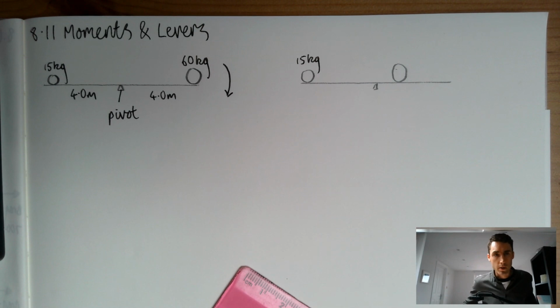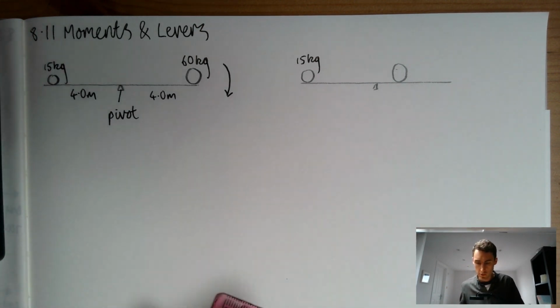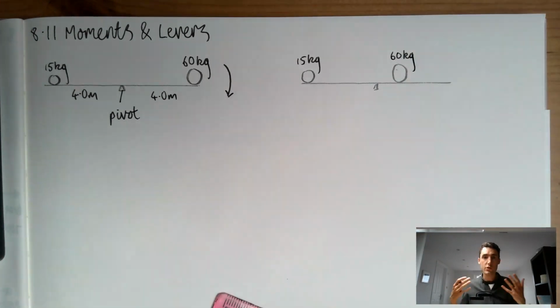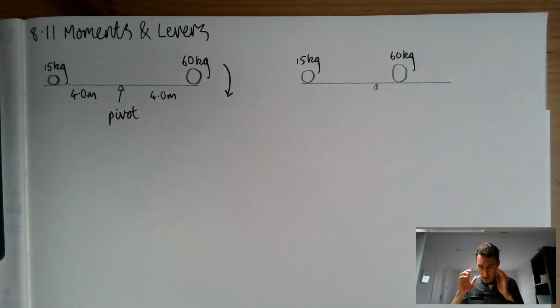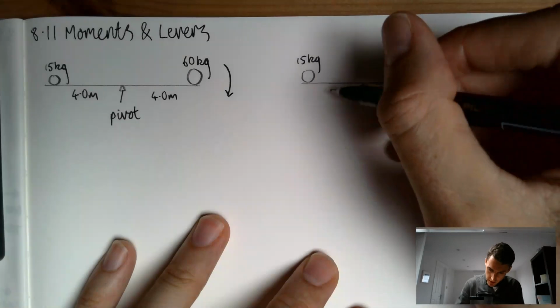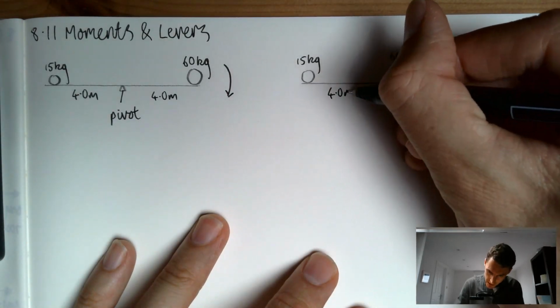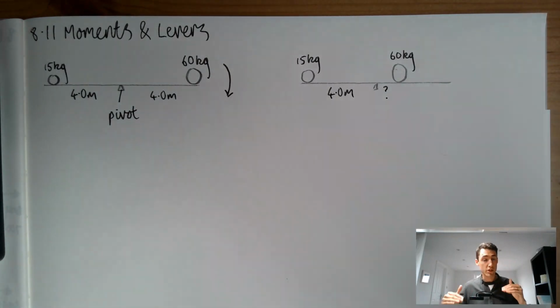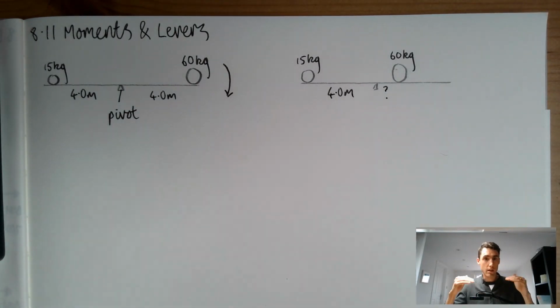I rarely turn up at the playground with a meter ruler. That would be a bit strange. So what we're interested in as physicists is thinking, if my son is still 4 meters away, how far away am I if we've managed to get the seesaw balanced? If we've managed to effectively get the turning forces or the moments balanced?